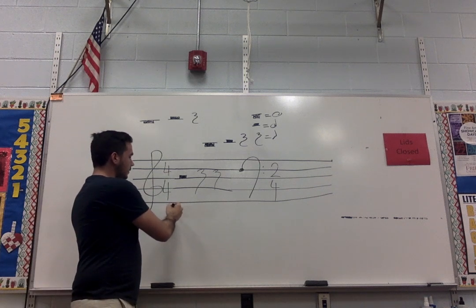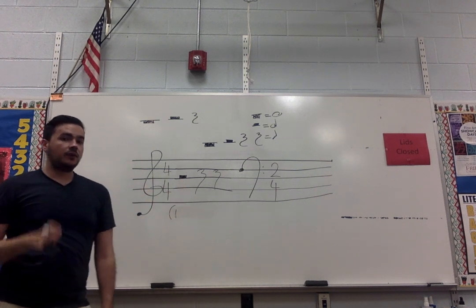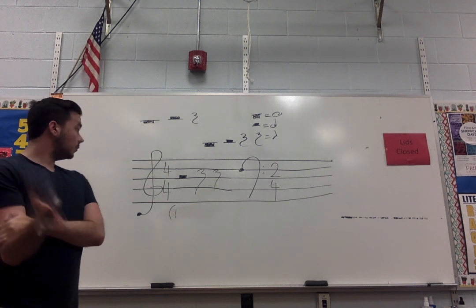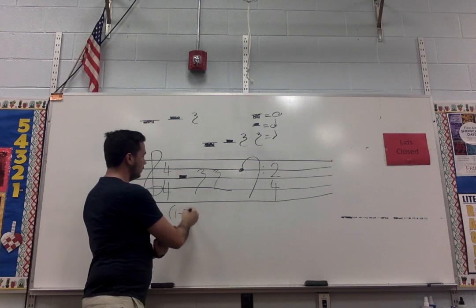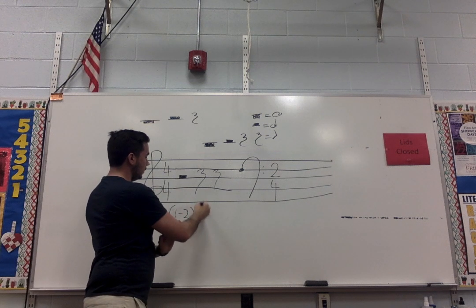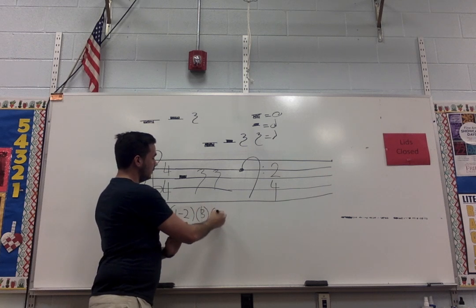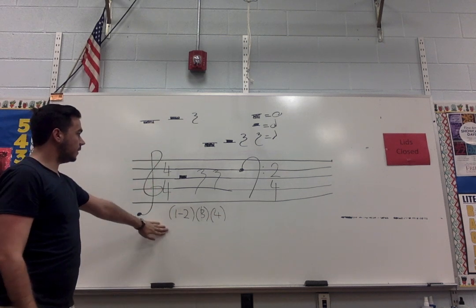So I would write this as parentheses 1, and half rest is the same as a half note, so it gets 2 beats, or 2 quarter notes. So I write that 1-2 in parentheses, 3 in parentheses, 4 for each different rest that you have. So that's how I want you to write this.